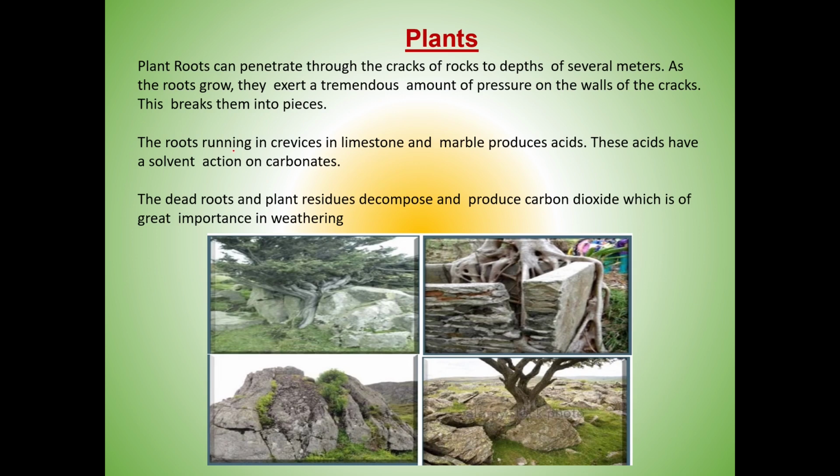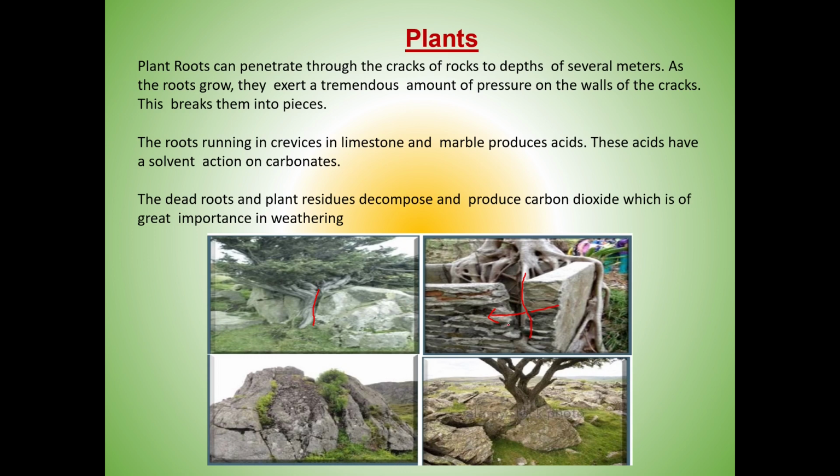Plants. Plant roots can penetrate through cracks or crevices in rocks to deeper parts of the rocks. As the roots grow, they exert tremendous pressure on the rocks and cause physical weathering. Cracks are formed and the rock breaks into pieces.